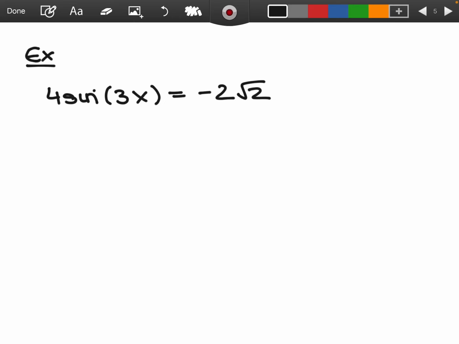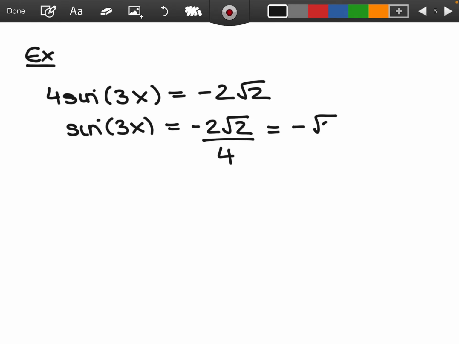This is going to work very much the same way as before. You just have to do an extra step at the end. So again, I'm going to bring my trig function on one side, all other values on the other. So that gives me sine 3x would equal negative 2 the square root of 2 over 4. You can cancel that down, which would be negative the square root of 2 over 2.